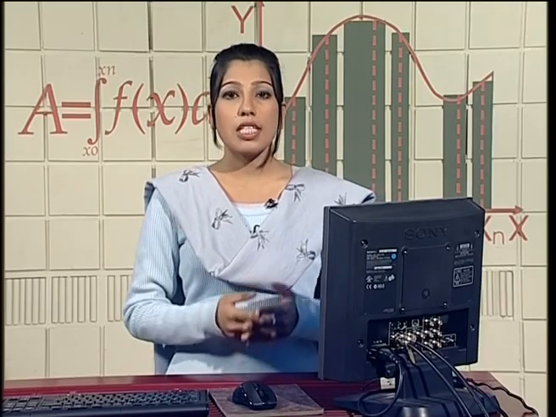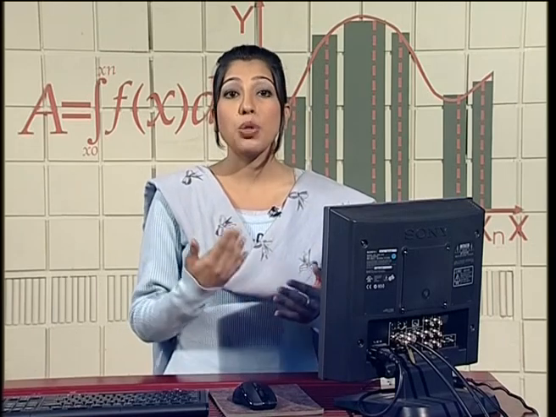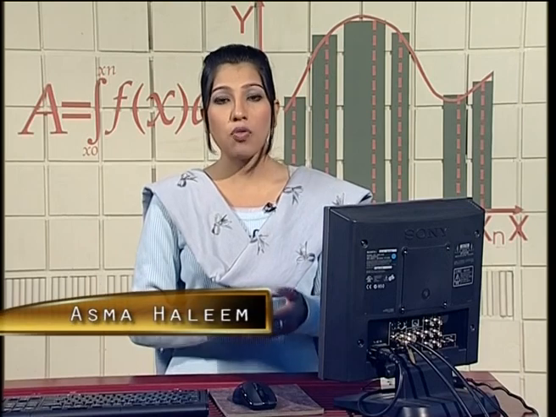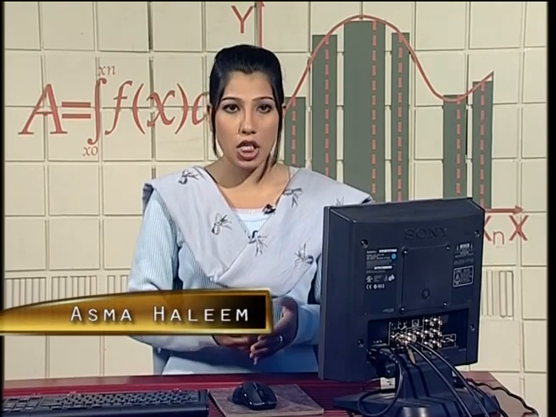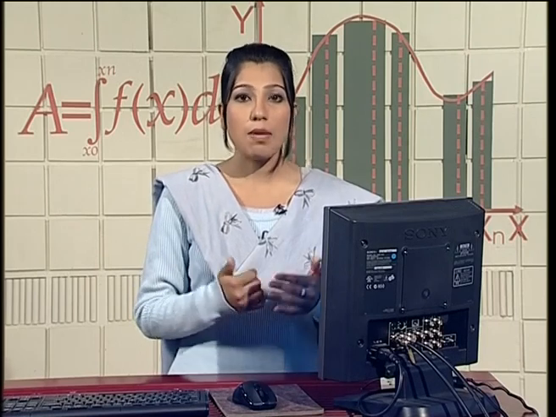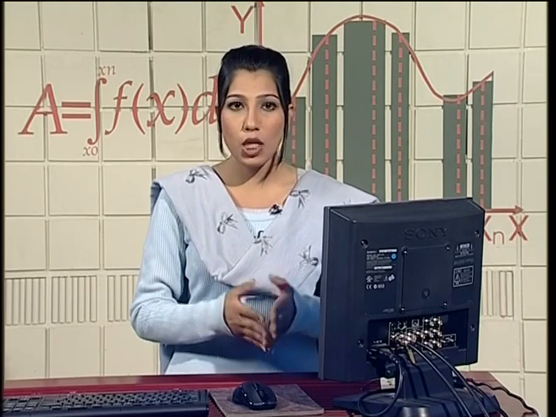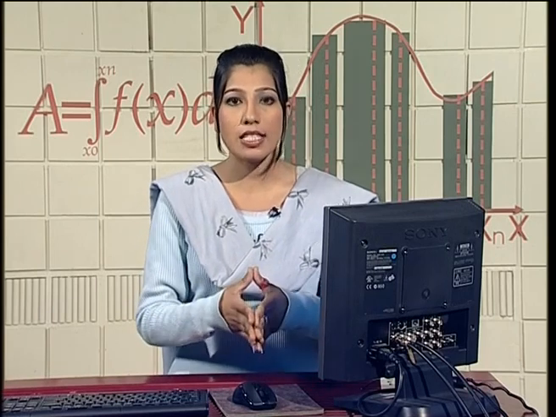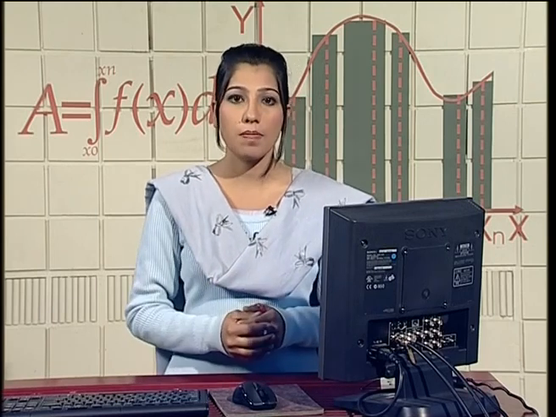Now we will use some inequalities having absolute values, explaining the procedure of how we can solve inequalities which have absolute signs. The procedure for solving inequalities having absolute values is the same as the solution of equations.